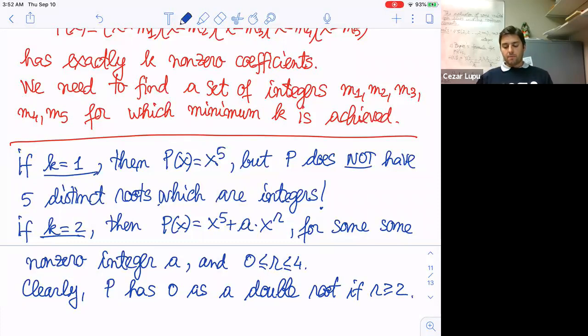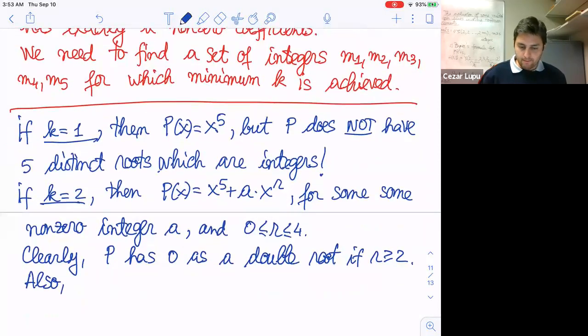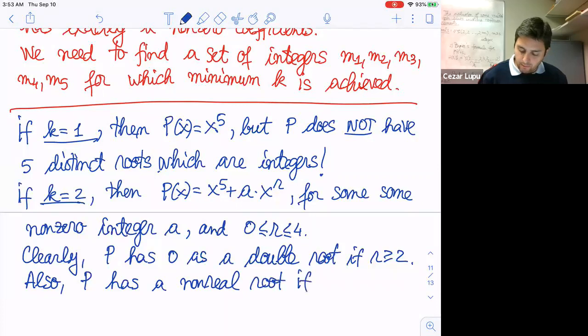And not just that, but also, if r equals 0 or r equals 1, for example, P also has a non-real root.